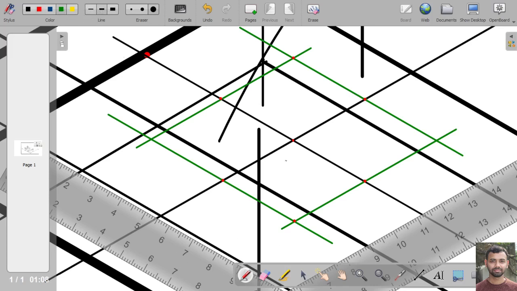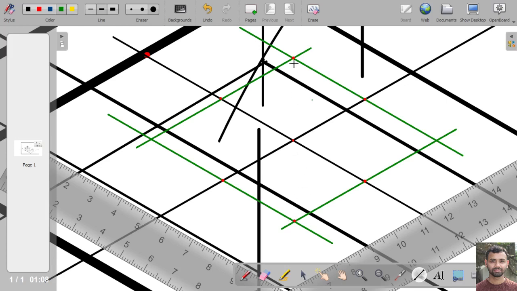Okay. Now we will connect this point, and the opposite point. These are the midpoints of the adjacent sides of the opposite point.